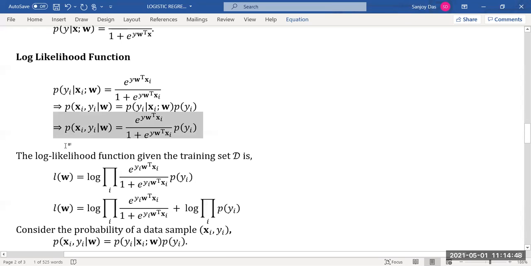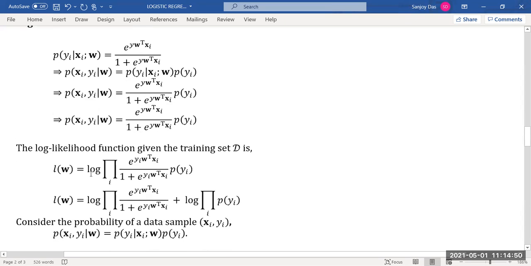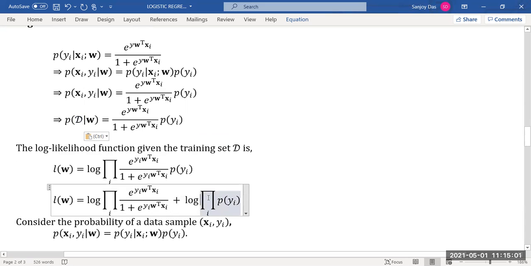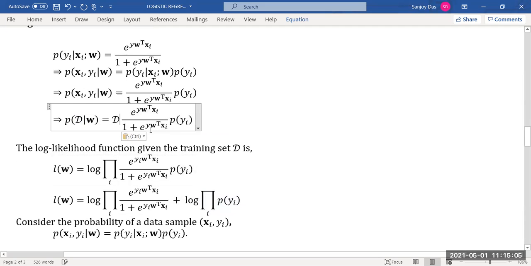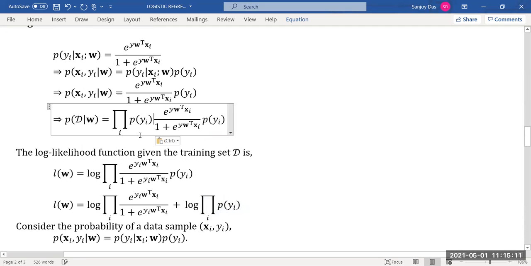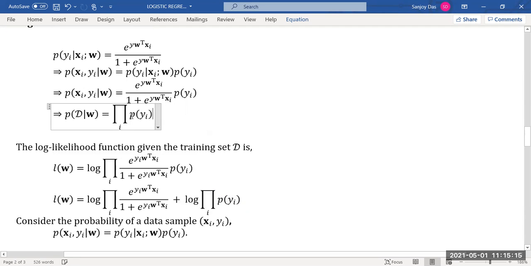So what's the probability of the whole data D given W? It's equal to the product of this, right?